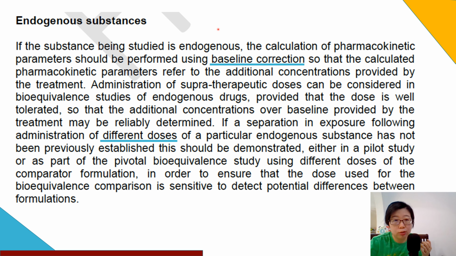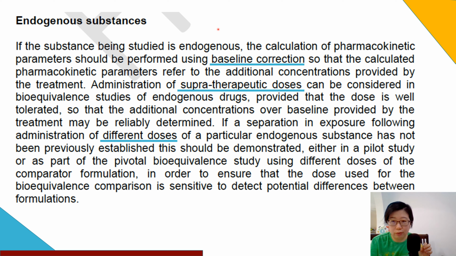Sometimes there's obviously a different dose of a substance that you develop. Under certain circumstances, it's allowed to use a supra-therapeutic dose, which means that in the study you can use a much higher dose than what you design, provided of course the dose is well tolerated, so that the additional supra-therapeutic dose will allow the concentration to be more measurable.